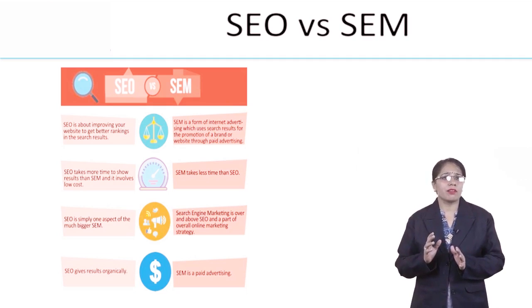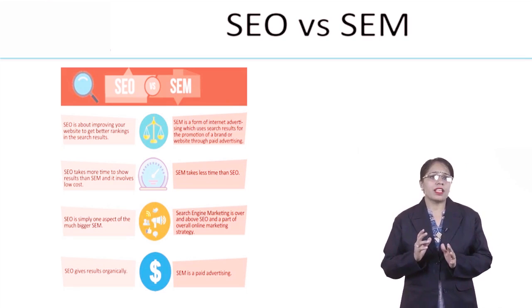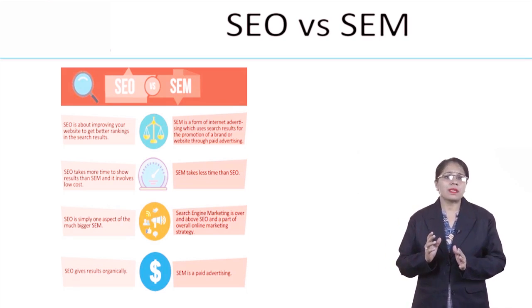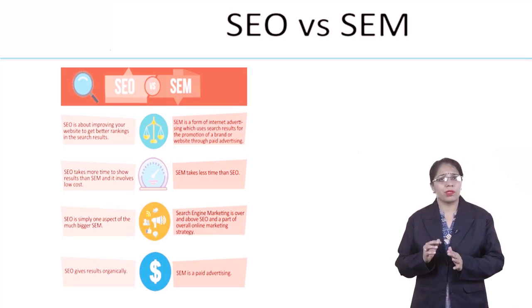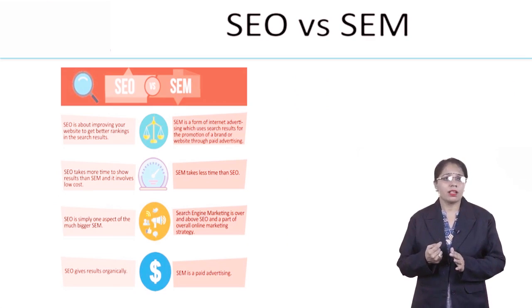So how you can distinguish it from SEM is that SEM is basically the practice of marketing your business using paid ads. The moment you think about SEM, you think about the paid ads that appear on the search engine result page, that is popularly called a SERP, right?